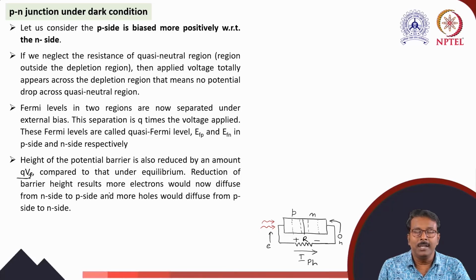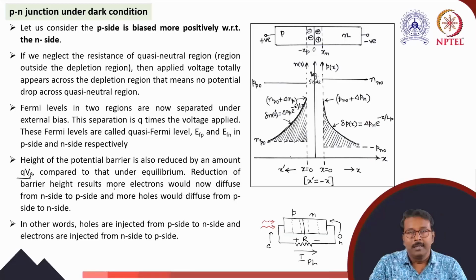Now what is important is how the carrier distribution looks after application of bias. If we see the figure, you see N0, this is the equilibrium value of majority carrier concentration in N side.